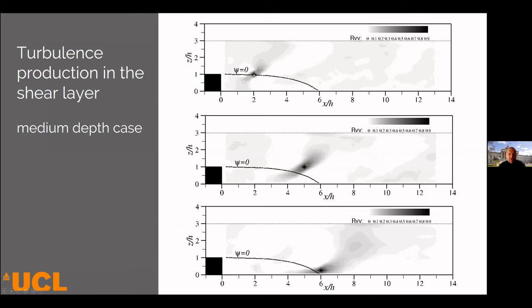So this is where the reference point is, and then we can see that the turbulence or the fluctuations seem to be correlated all the way to the water surface. If we put the reference point close to the step, the correlation starts to drop fairly quickly.